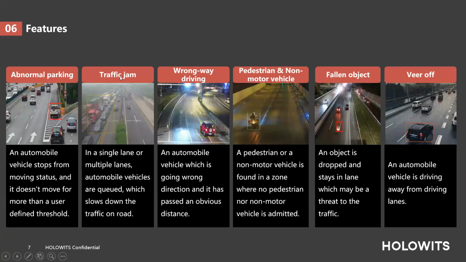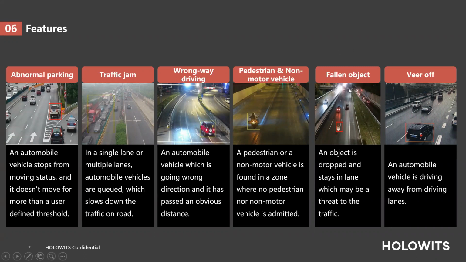Second, the traffic jam: in a single lane or multiple lanes, automobile vehicles queue up, which slows down the traffic on the road, so we can detect the traffic jam. The third is wrong way driving: an automobile vehicle going in the wrong direction that has passed the set distance. The fourth is pedestrian or non-motor vehicle detection: a pedestrian or non-motor vehicle is found in a zone where none is admitted.